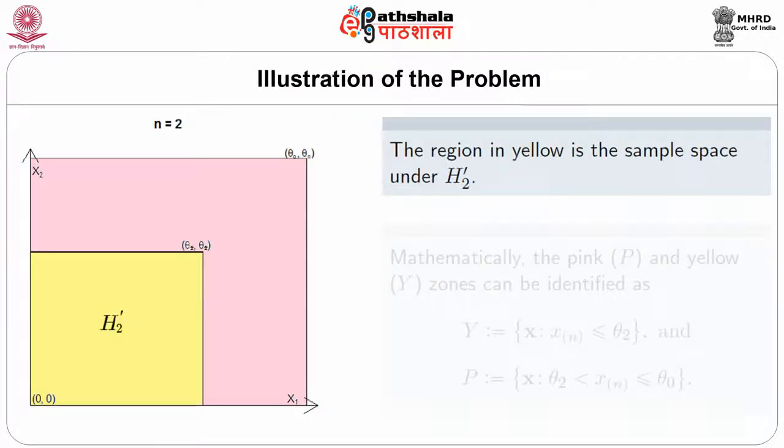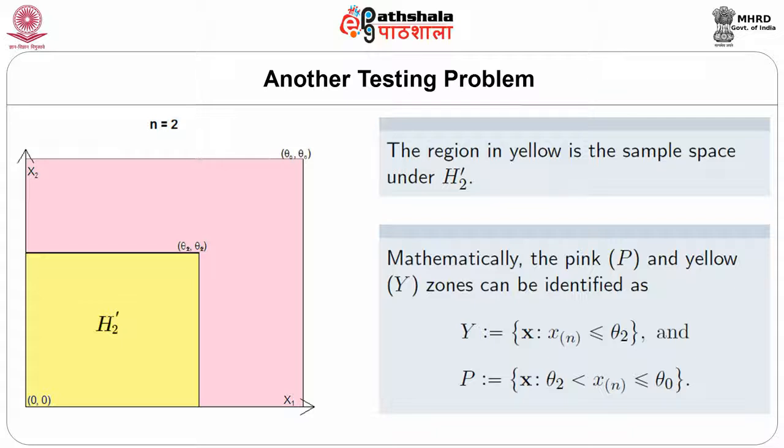So, consider N = 2, and here the region in yellow is the sample space under the alternative theta = theta 2, because theta 2 is less than theta naught. Now, mathematically the pink region is the set of x for which x order n, that is the maximum of x1, x2, ..., xn, lies between theta 2 and theta naught, and the yellow region is x order n less than or equal to theta 2.